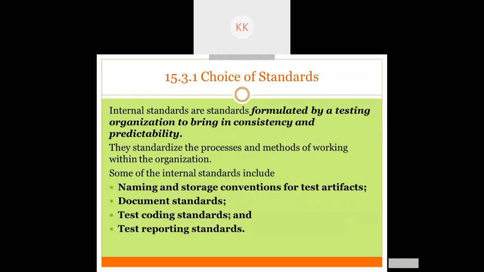They standardize the process and methods of working within the organization. Process means whenever you have a particular job, how you proceed to carry out this job. In software engineering also we have seen process management and process frameworks. So you need to develop a process framework and standardize that particular process.